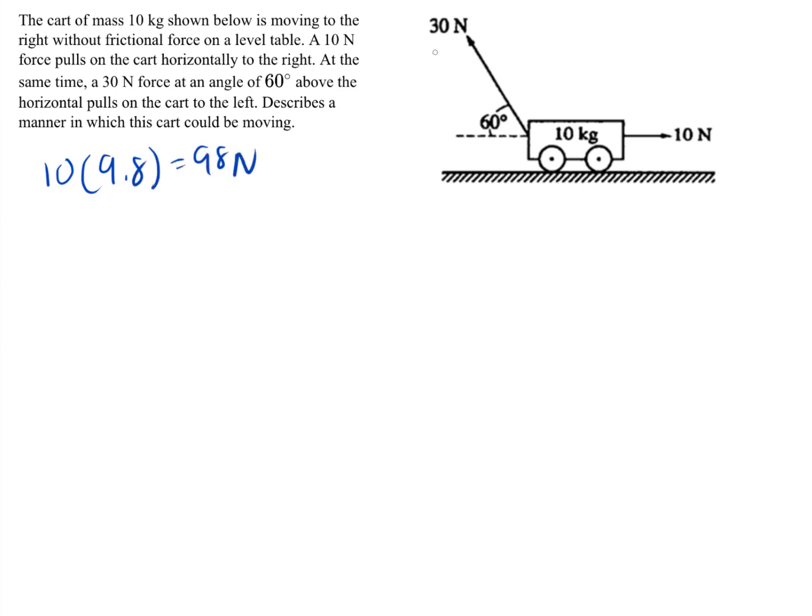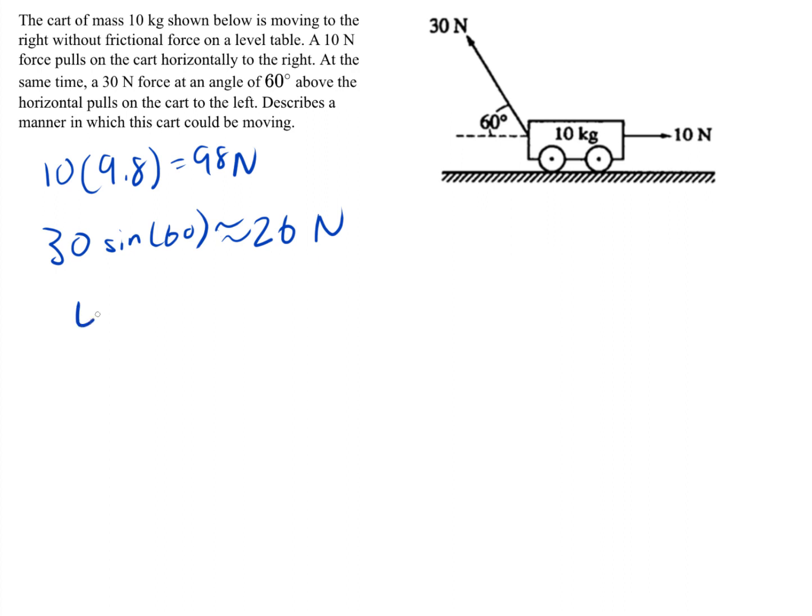Now the force that is pulling on it vertically is 30 times the sine of 60 degrees, since the vertical component is opposite of the hypotenuse. This evaluates to about 26 newtons, but this is not enough to pull it up.